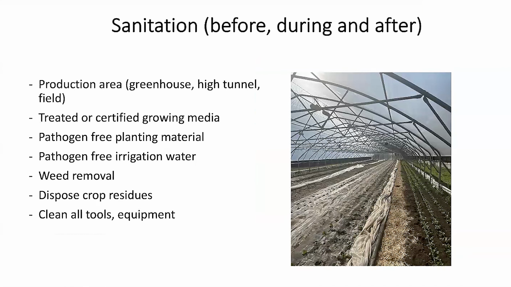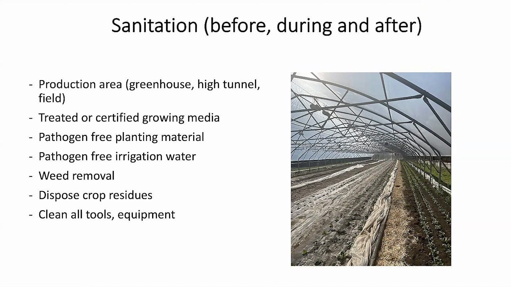Sanitation is a big one and very key for soil-borne pathogens such as Sclerotinia, which causes timber rot. And so sanitation should be done before, during, and after. And so this is just referring to you maintaining a good, clean production area, be it the greenhouse, high tunnel, or the field.